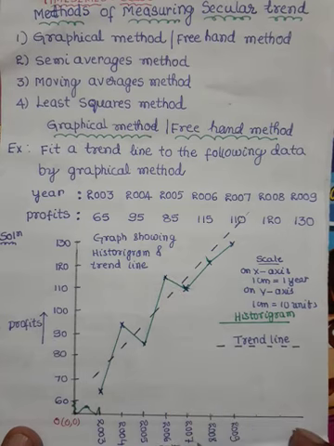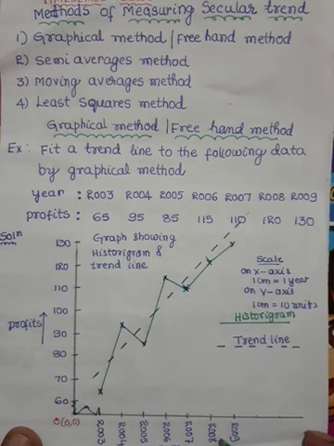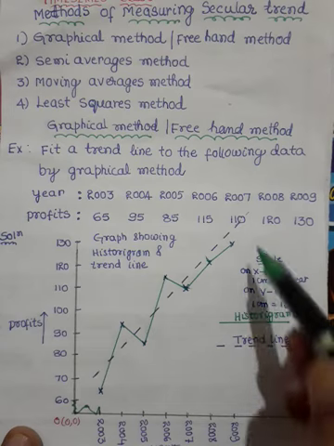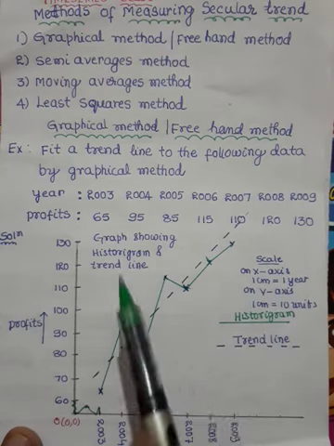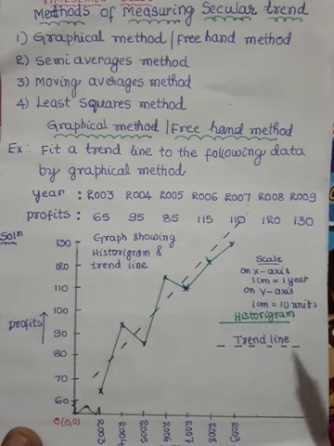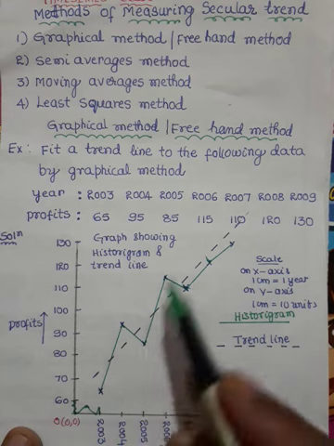For 2007, 110. For 2008, 120. For 2009, 130. There are 7 pairs of values, so we get 7 points on the graph sheet.